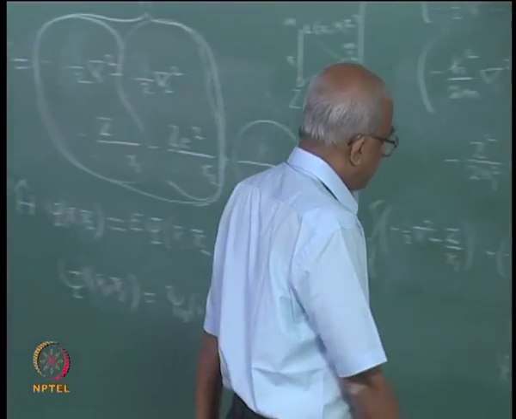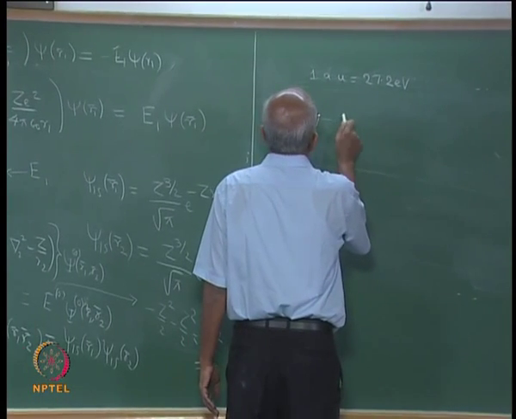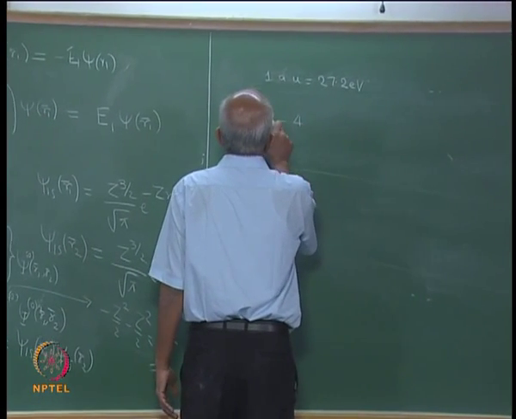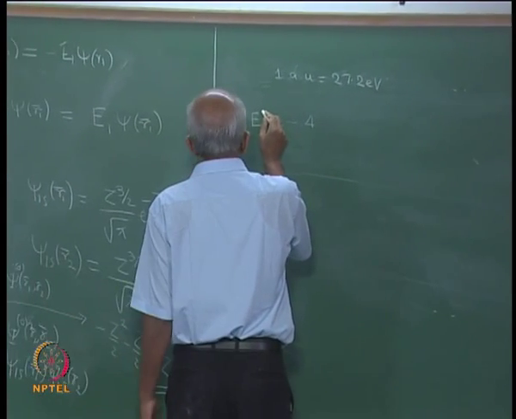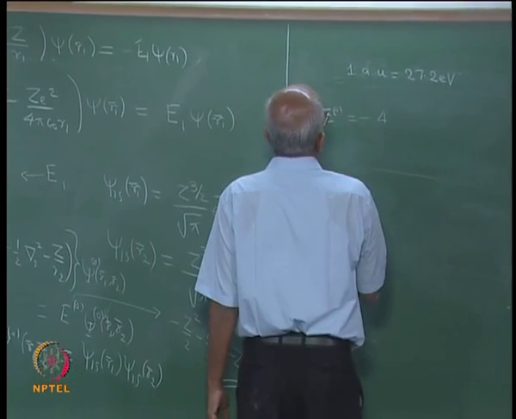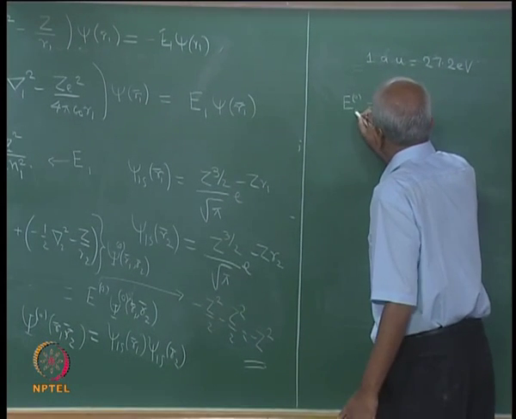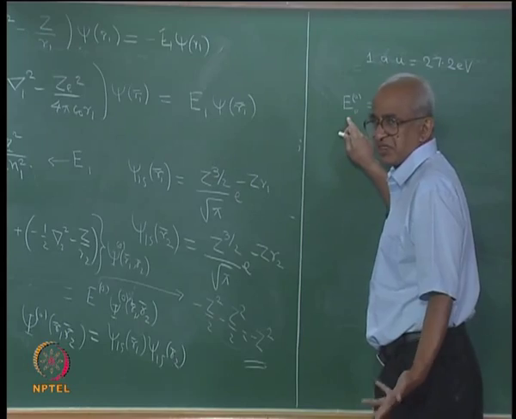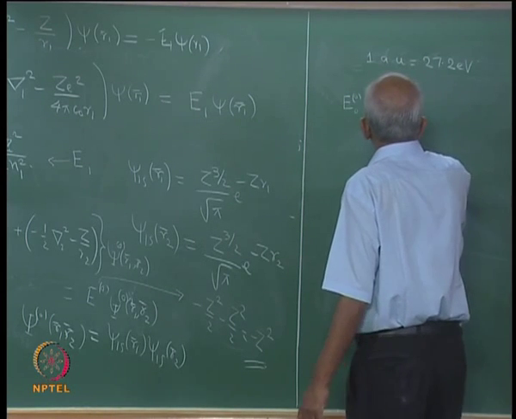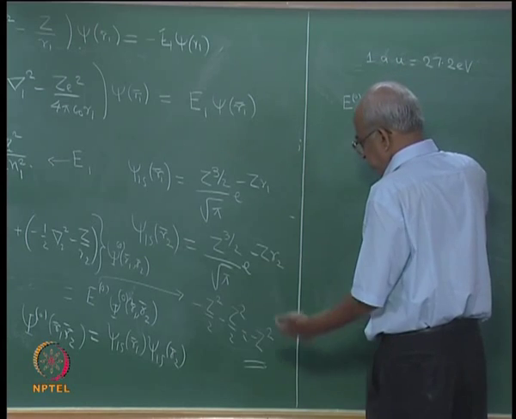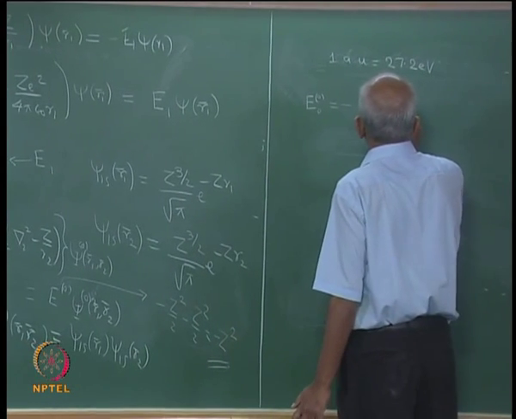If you are thinking of the helium atom, Z is equal to 2. Therefore the energy that we get, E0, because we are thinking of the ground state, maybe I can add another subscript. It is not really necessary, but it is the ground state. So if you put Z equal to 2, you get minus 4 atomic units.